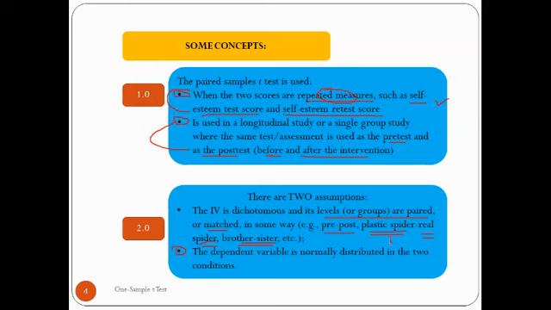For example, the level of fear of children when they were exposed to the plastic spider condition has to be normal, and the level of fear of the same group of children when they were exposed to the real spider condition has to be approximately normal also. So these are the main assumptions of the paired sample t-test. Let's go to the next slide.